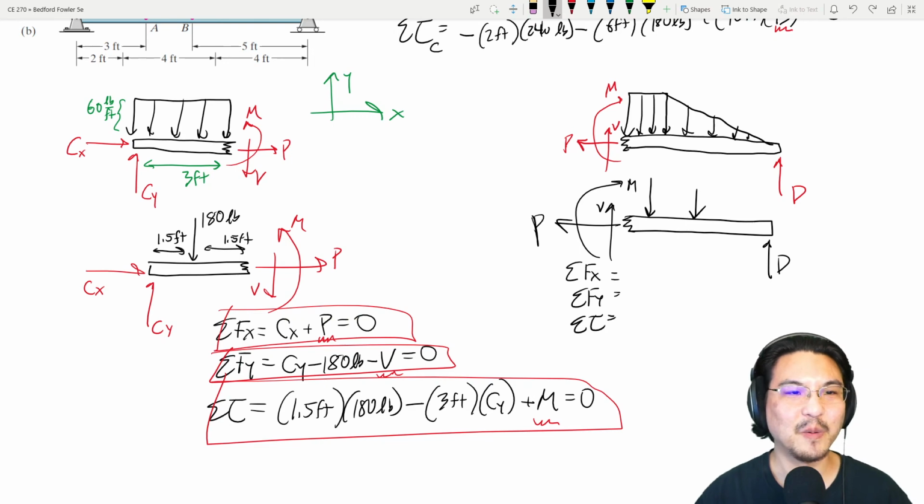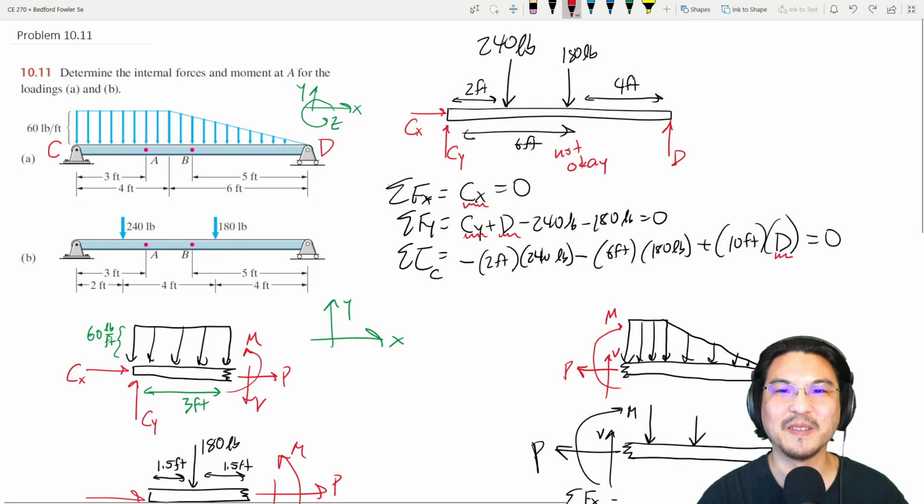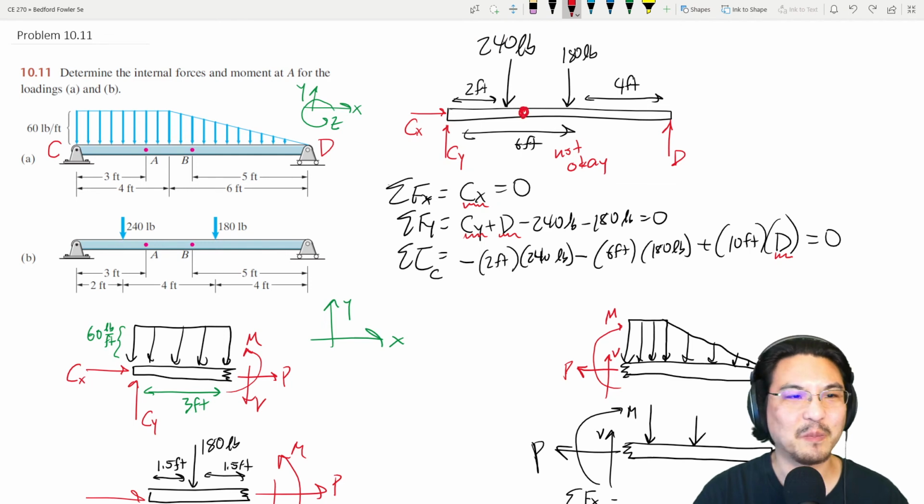Okay, now, why did this problem show this? It was to point out that, remember when we did this representation solving for the reactions at the supports? And I said, point A, you don't want to cut through over here. You had to go back to the original and cut it through over here.